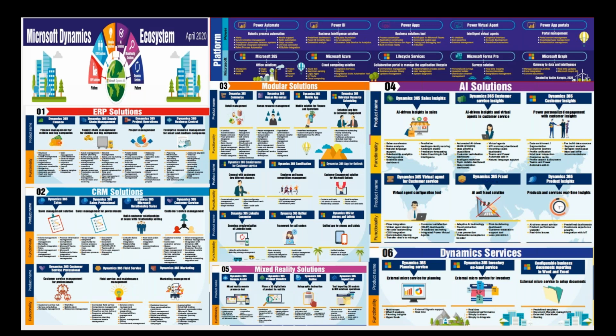So Dynamics 365 is not anymore just about CRM or ERP, but it is a holistic portfolio of various applications. Not only does it combine CRM and ERP capabilities, but Dynamics 365 integrates your data, business logic, and processes.